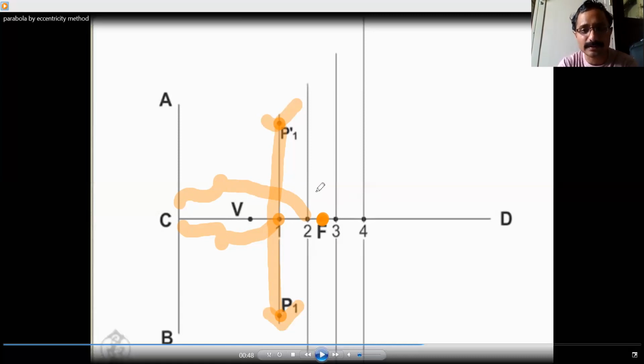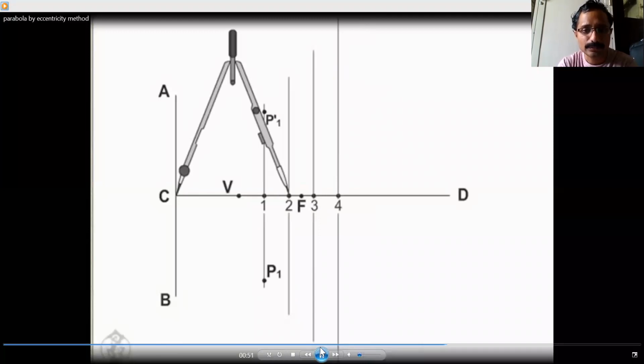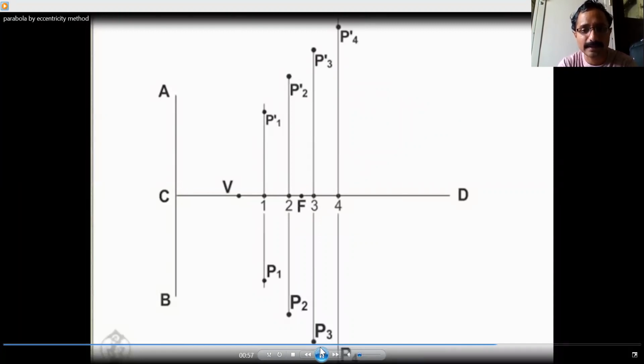I'm drawing arcs on the second line, after that on the third line, finally on the fourth line. Let us observe the next part of the solution in the animation. With F as center, I'm having arcs on the second line, the third line, and the fourth line.